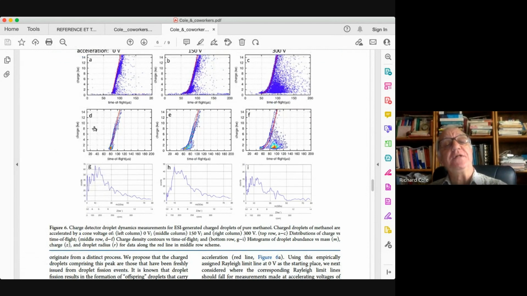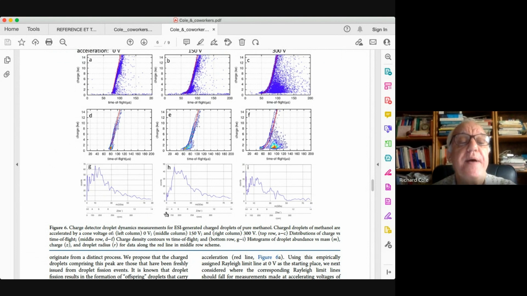Actually, we took values, we had to move to a slightly more dense region. So we're slightly below the Rayleigh limit here, but still within 80 to 95% of the Rayleigh limit to calculate these values. You can see that the size of the droplets we're measuring is between, say, 10 and 20 megadalton.